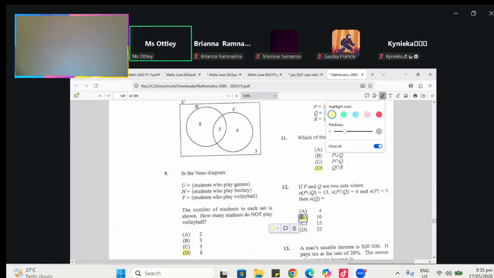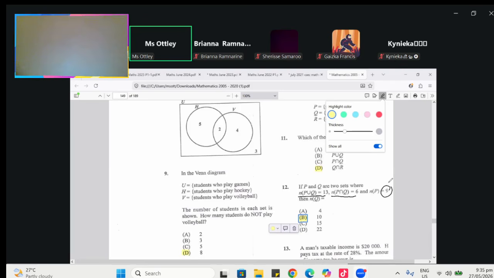So let's read over what they give us. They're telling us that the union of the 2 sets has 13 elements, right? And the intersect of the 2 sets, so let me underline while I speak. The union of the 2 sets has 13 and the intersect of the 2 sets has 6. P has 9. How much does Q have?